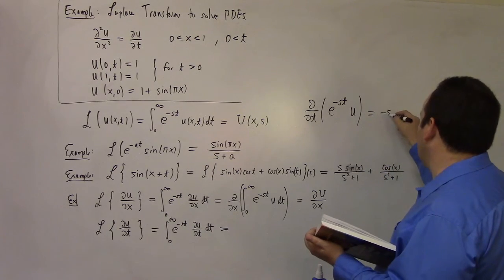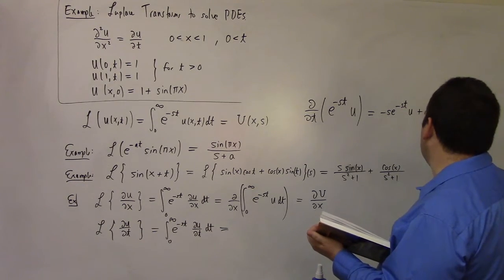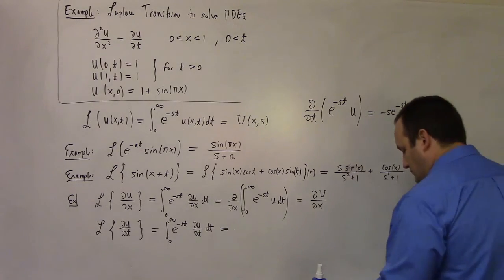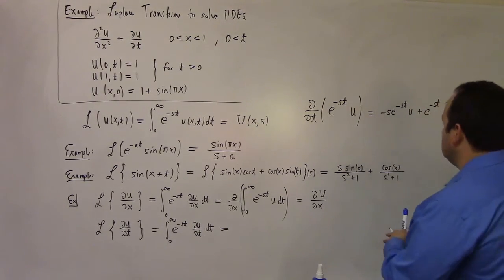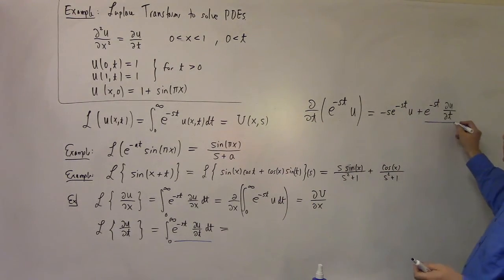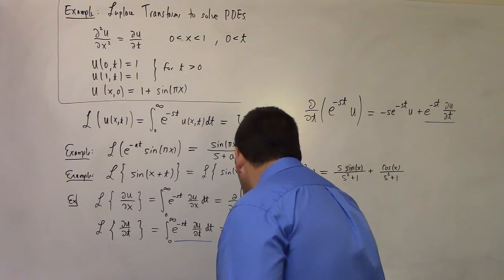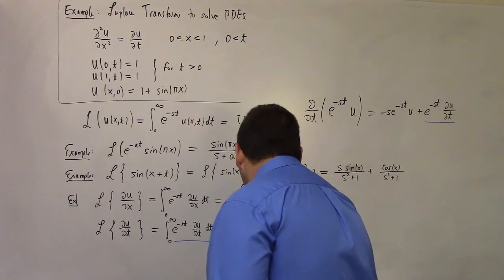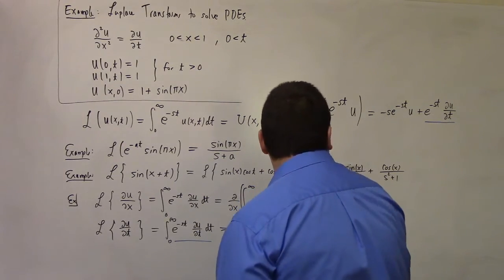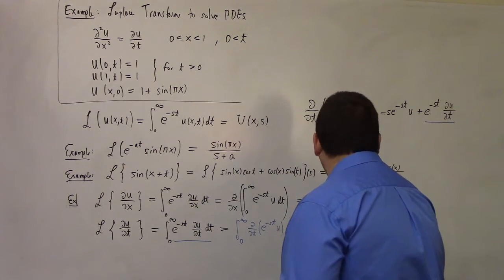It's minus s e to the minus st times u plus e to the minus st times partial u, partial t. So if you look at that, this is exactly what we got here, right? So I can trade that for an integral from 0 to infinity of partial t of e to the minus st times u plus s times e to the minus st times u, right?